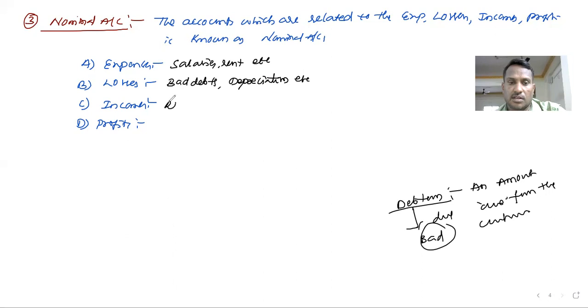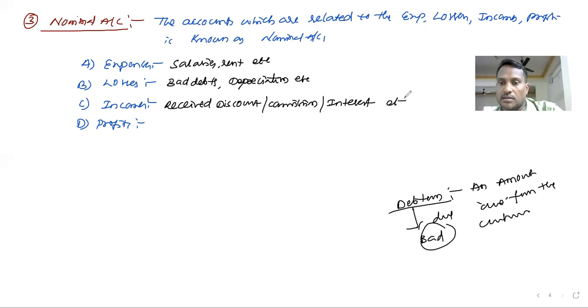Incomes: received discount, received commission, or received interest, etc. If a businessman receives discount, commission or interest, it is called income.